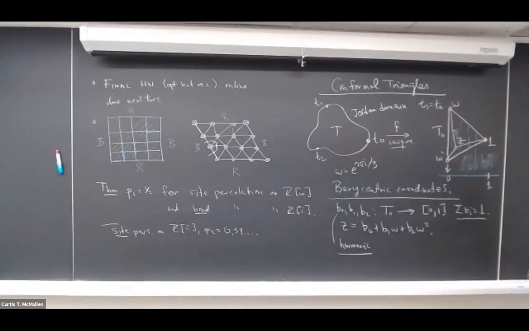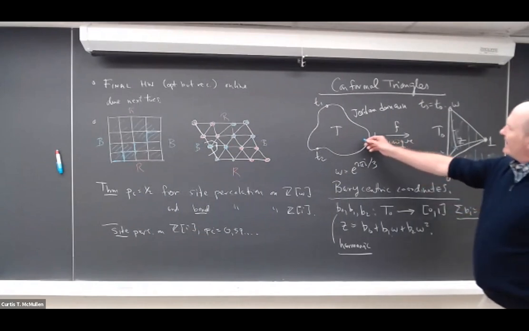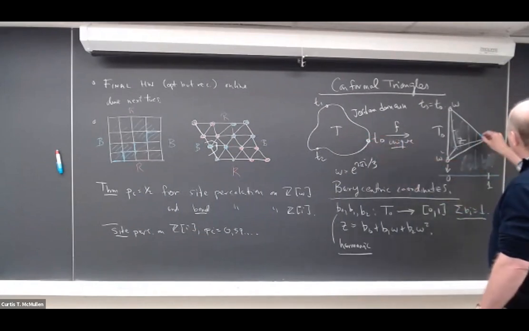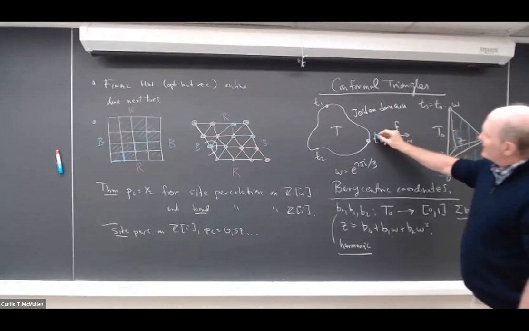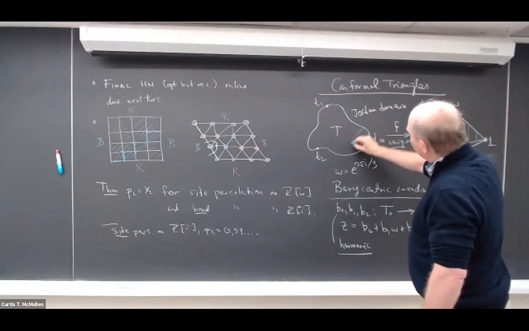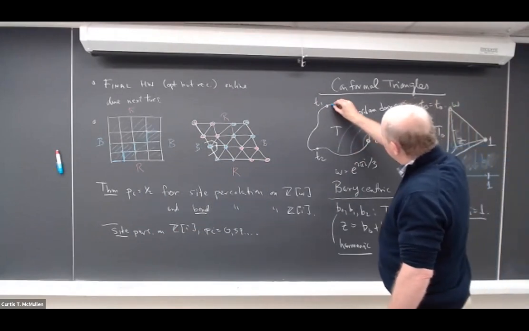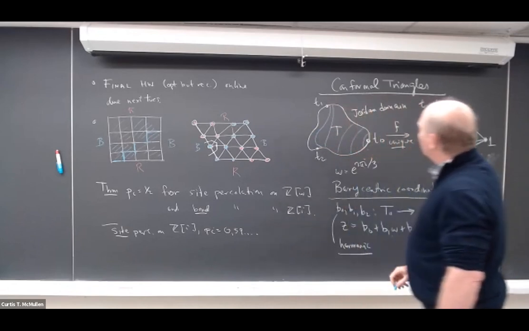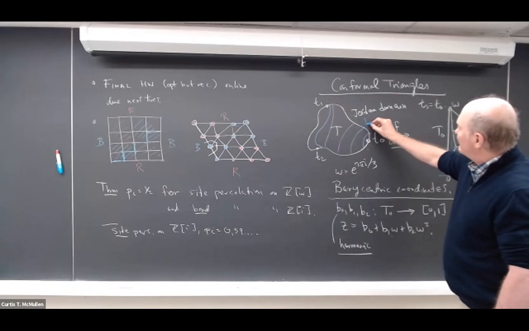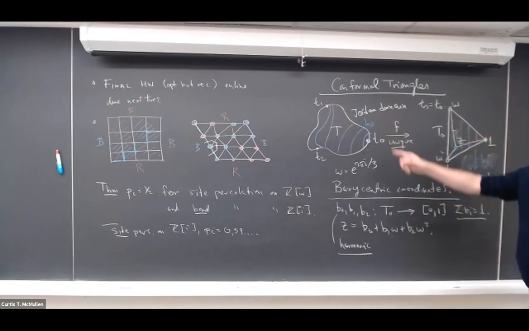Now, what happens with a conformal triangle? Well, since the uniformizing map to T0 is unique, you can pull these functions back to get equivalent harmonic functions canonically defined on any conformal triangle. So I'm drawing the level sets of B0 in this conformal triangle.